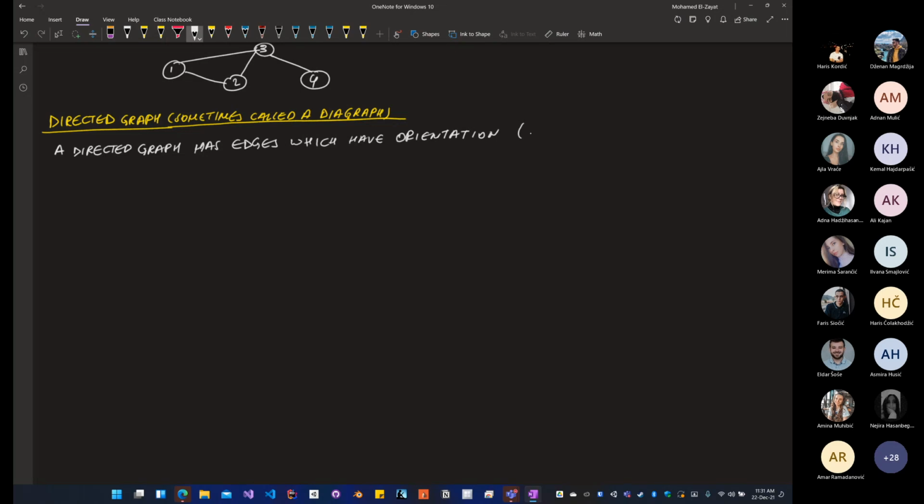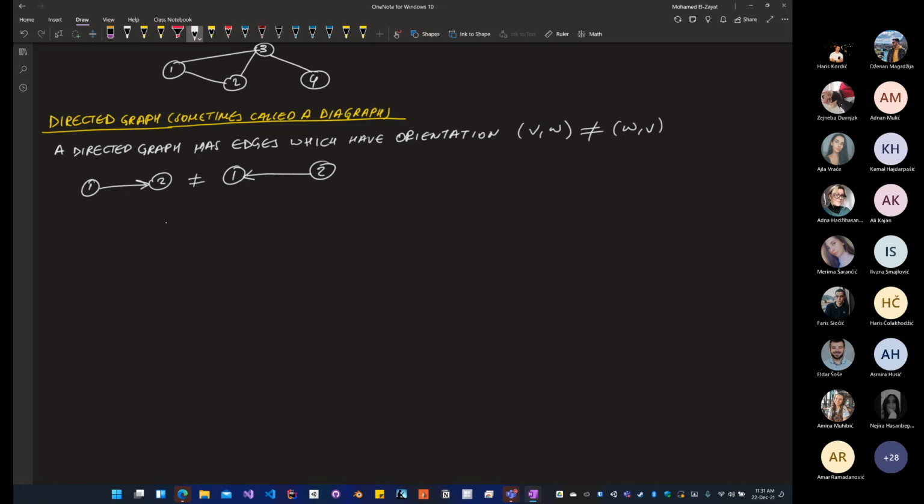So if you have VW, it will never be equal to WV, right? So a directed graph could be something like this. So 1 goes to 2, for example. It will never be the same as this, okay? So this is what a directed graph is all about.